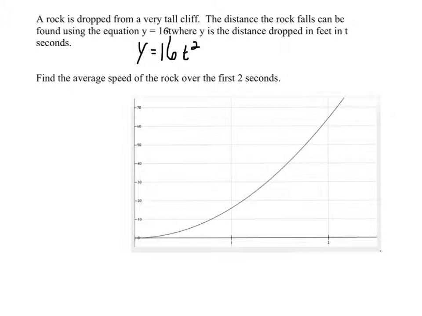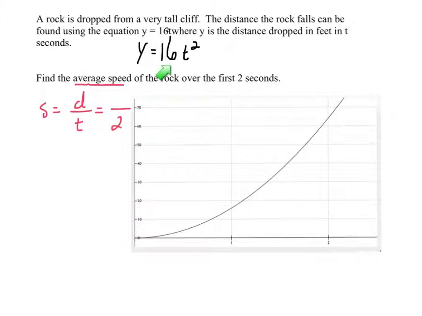Well, I think a lot of people in science class think, well, speed is distance divided by time. In our case, we've got 2 seconds, and if you plugged 2 into this equation, 16 multiplied by 2 squared, so 16 multiplied by 4 is 64. So y is the distance it dropped.